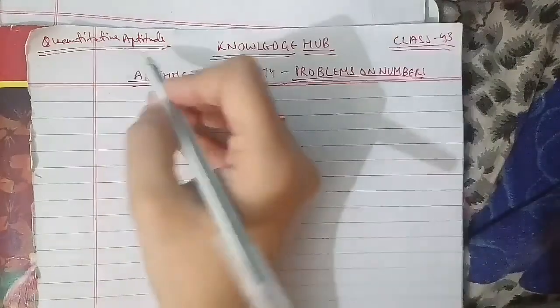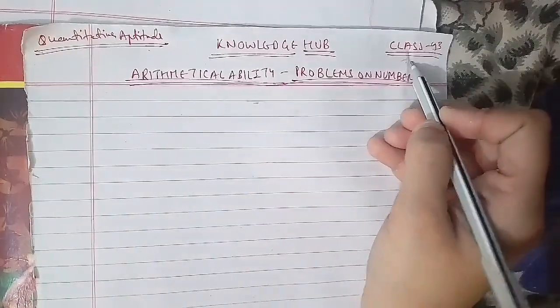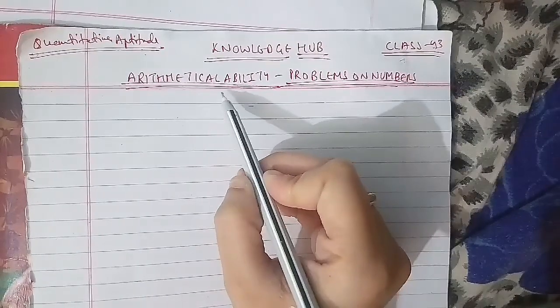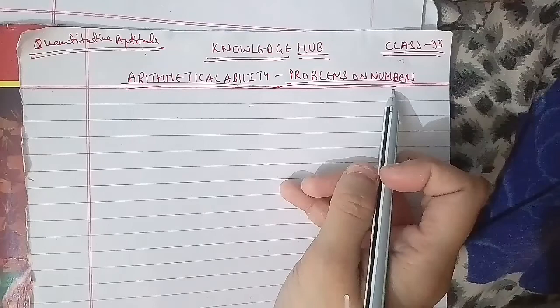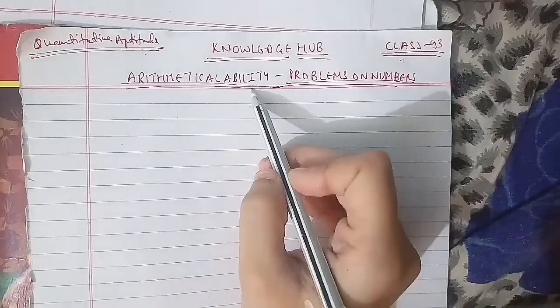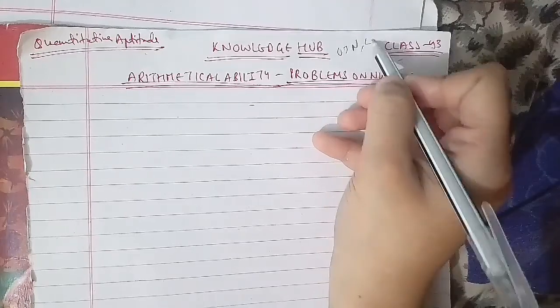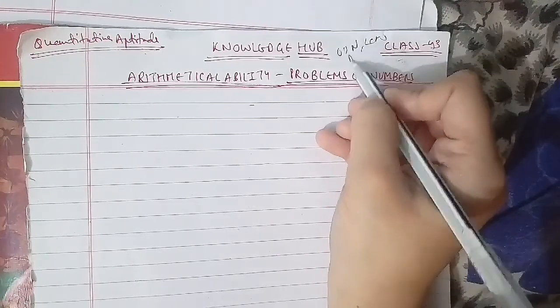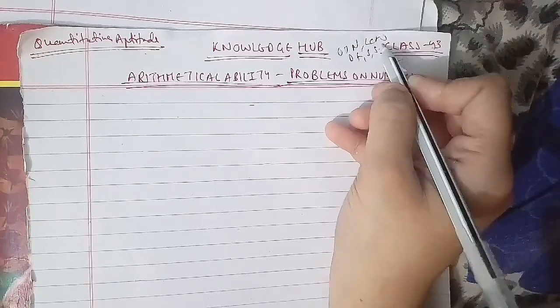Today we're going to start with your quantitative aptitude class, and that is your class 43rd. The topic we have to discuss is arithmetical ability, where we have to discuss problems on numbers. In arithmetical ability, we had done operations on numbers, LCM and HCF of numbers, decimal fractions, simplification, square roots and cube roots, and then averages as well.